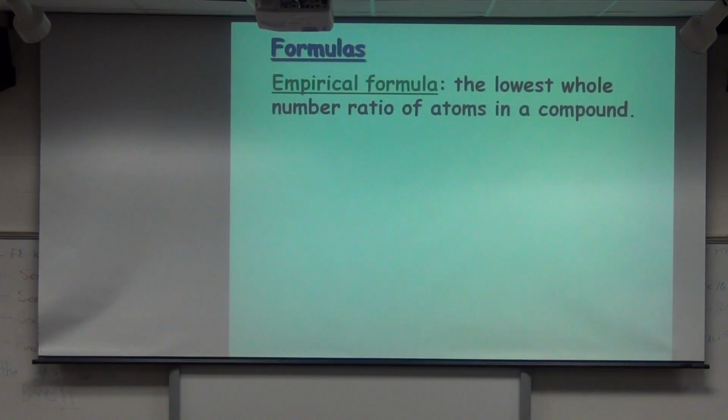So your subscripts in your chemical formulas for the empirical formulas are going to be as small as they can possibly be and still be whole numbers. We'll never have fractions. It'll never be H 2.503 or anything like that. All of our subscripts will always be whole numbers. But the empirical formula will be the lowest possible ratio.